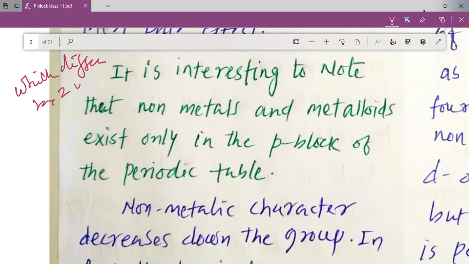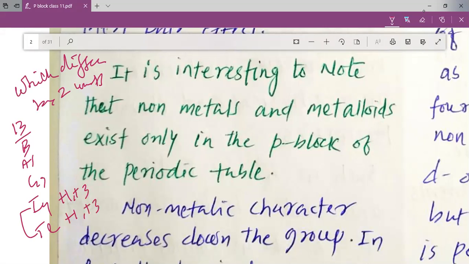So for example, in group number 13, you have boron, aluminium, gallium, indium and thallium. Indium and thallium generally show +1 and +3 oxidation states due to the inert pair effect.